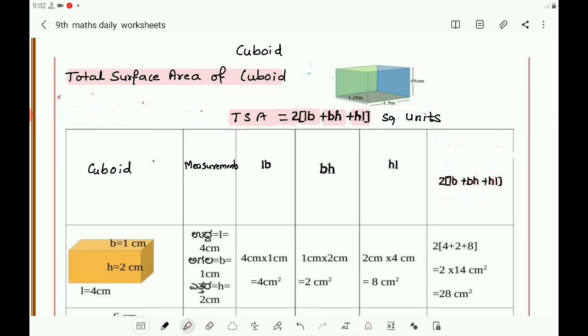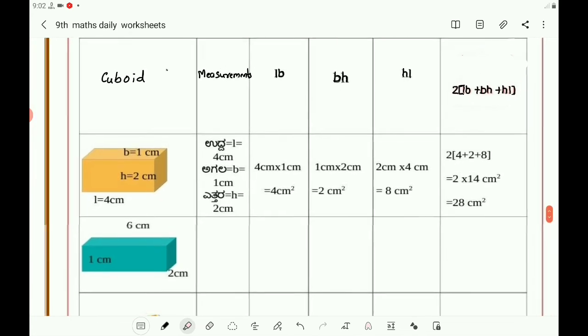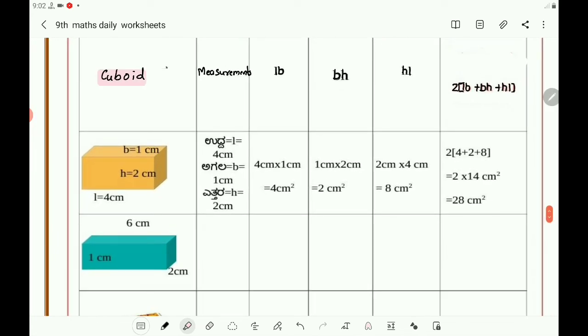Here L, B and H are the length, breadth and height of the cuboid. After that, the sum of LB plus BH plus HL is to be multiplied by 2. That is the total surface area of the cuboid.